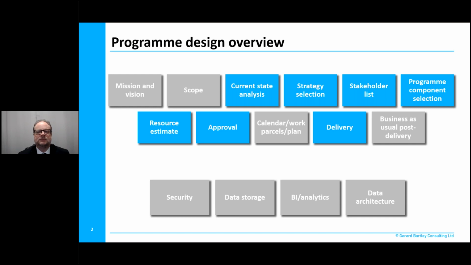Finally, the last element is to embed your new governance processes into the business as usual processes of your organization, especially into the data management processes. If you don't, then although you'll fix the data problems you have now, they'll just come back, and they'll come back very, very quickly.